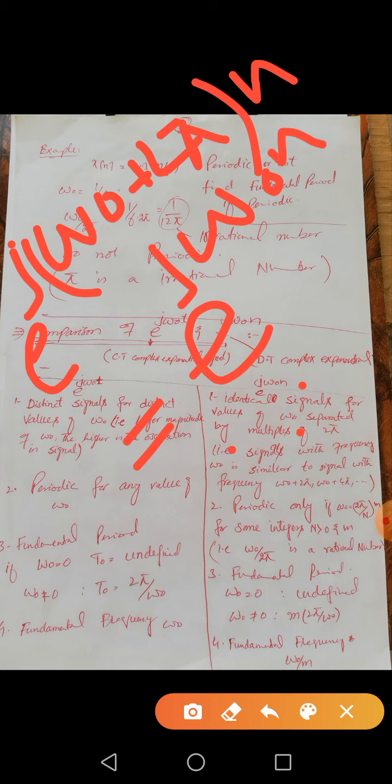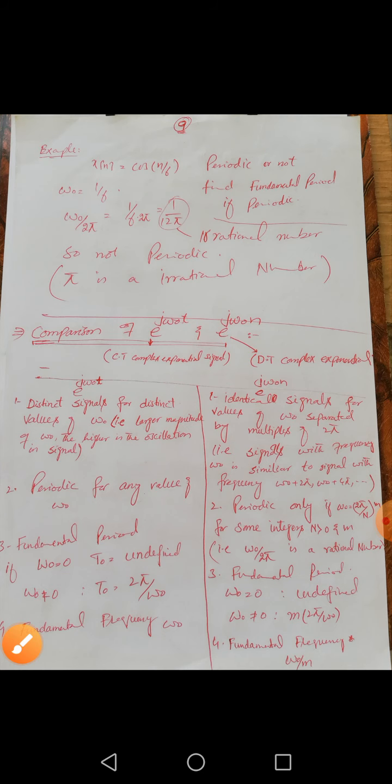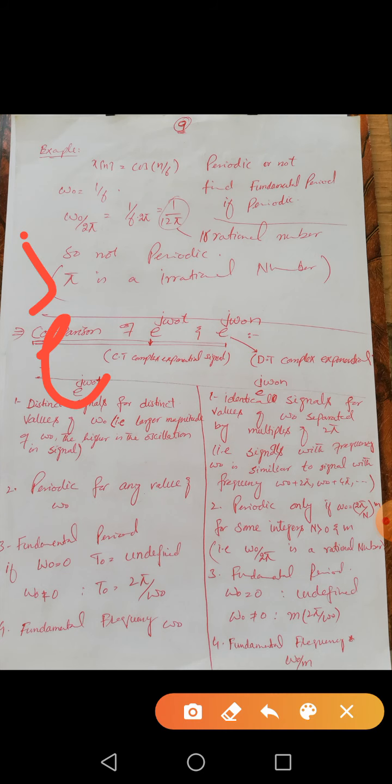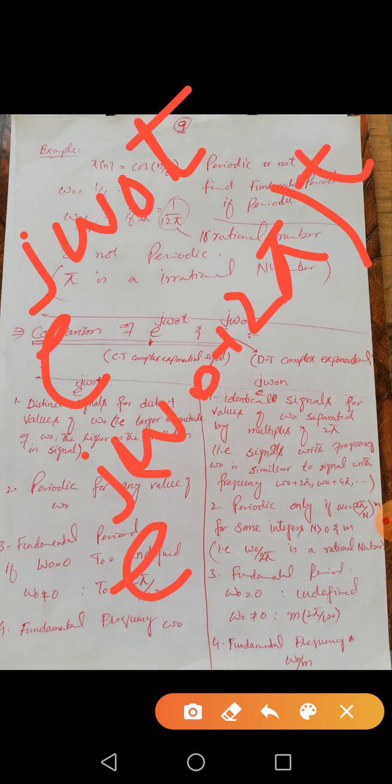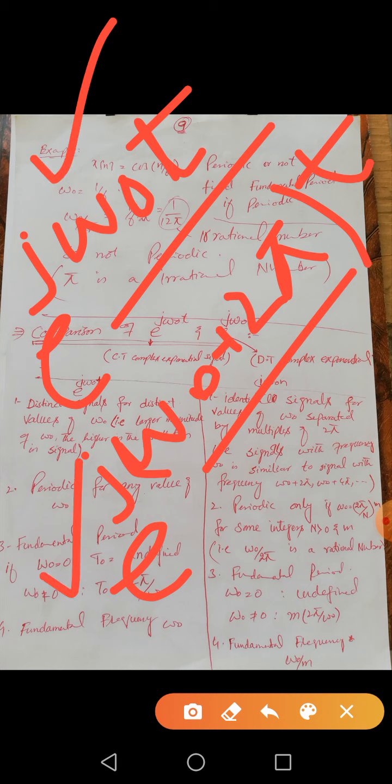So these signals, whose omega naught is separated by 2 pi, are identical. However, e power j omega naught t and e power j omega naught plus 2 pi t are different signals. But in the case of the discrete time signal, when t is n, these two are similar signals.